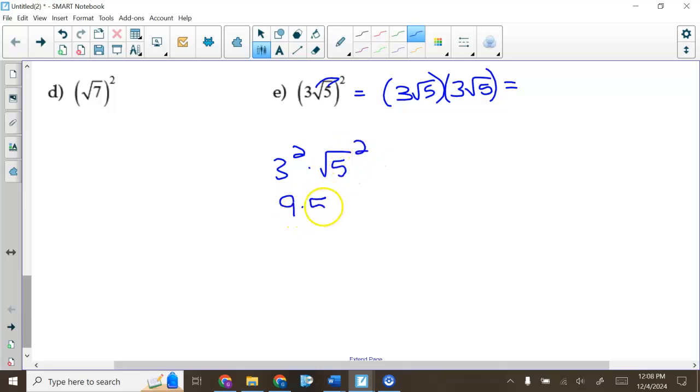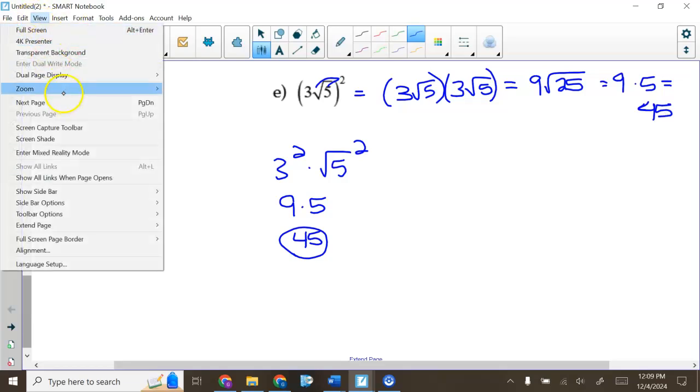So this one's going to be 9 times square root of 5 squared. Those cancel. So 9 times 5, 45. If I do it this way, 3 times 3 is 9. Square root of 5 times square root of 5, square root of 25, which is just 5. So it's going to be 9 times 5, which is 45. So same answer. All right, why don't you guys try C and D if you haven't already.